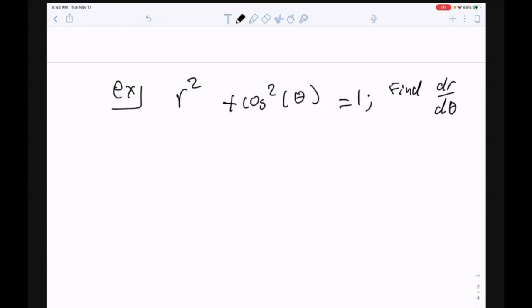We don't always have to work with x's and y's. What do I get to start off? 2r, yeah, times dr/d theta. Perfect. Next one's a tough one.